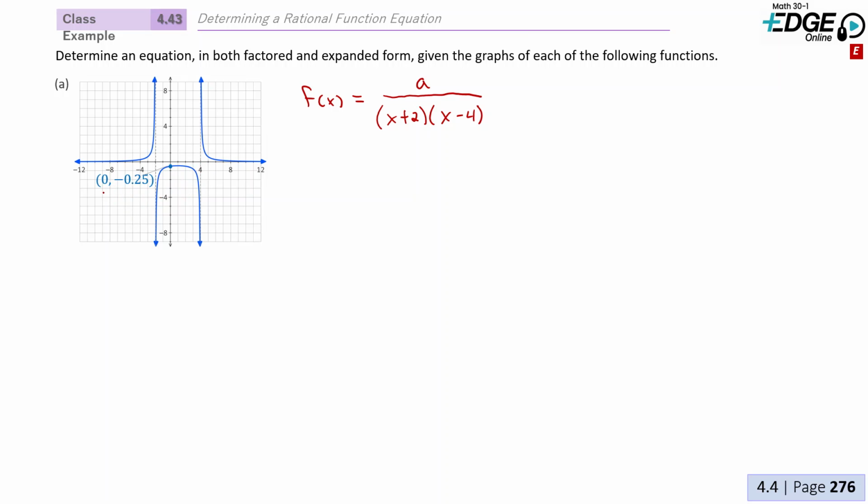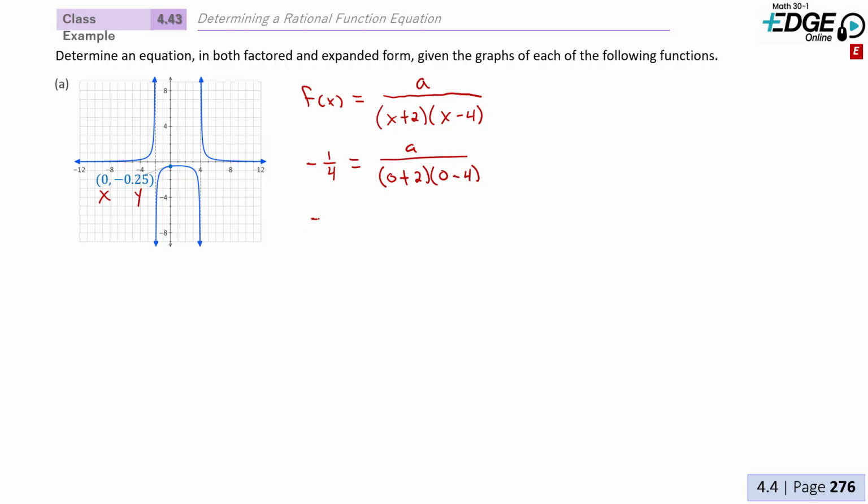So let's use this one, and we'll throw this in. There's my x and there's my y. So instead of f of x, I'm going to write the y value. This will be negative, and I'm going to write it as a fraction. So -1/4 is equal to a over, and then x would be 0, so 0 plus 2, and then 0 minus 4.